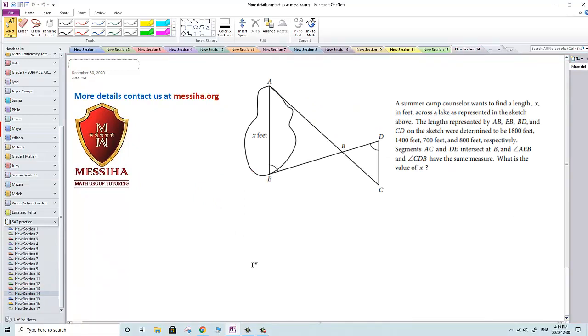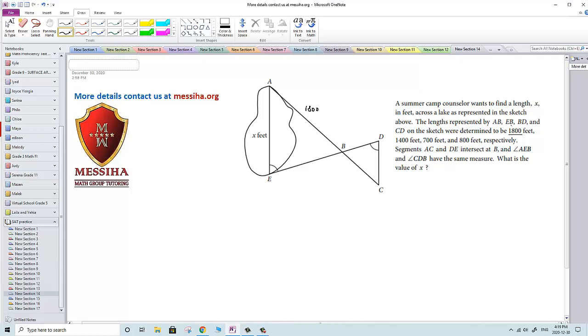a summer camp counselor wants to find the length x in feet across a lake as represented in the sketch above. The length represented by AB, so I'm going to write here so we don't forget, AB equals 1,800. So this one is 1,800 feet.